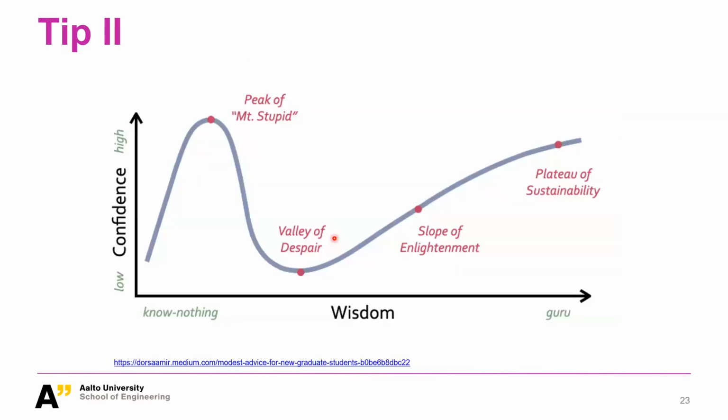The second is this so-called, oh, I forgot the name of it, but I think everybody knows this diagram. I usually talk about this to every PhD student I recruit. So the x-axis is your wisdom. You go from knowing nothing to becoming an expert, a guru, and the y-axis is your confidence.